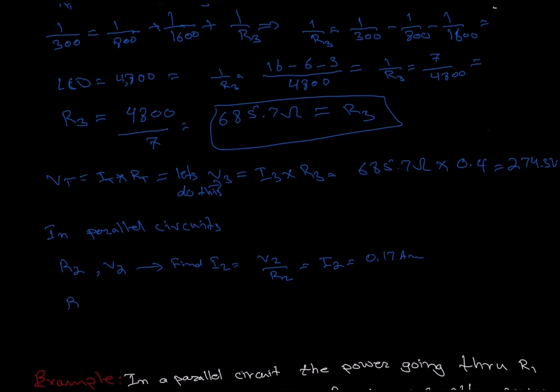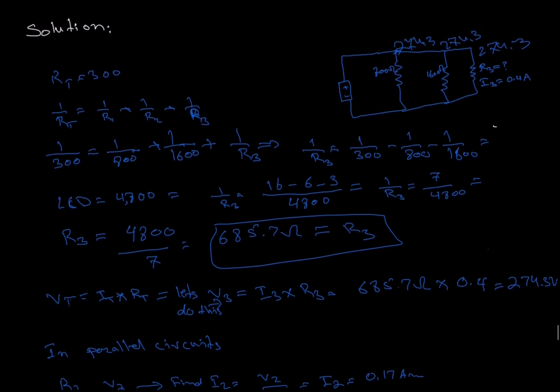Since we have R1 and V1, let's find I1. It will be V1 over R1. V1 is the same thing, 274.3, divided by R1, which is 800 ohms.